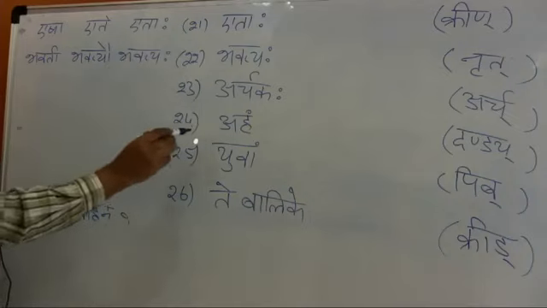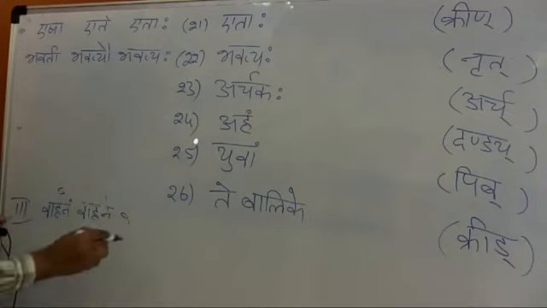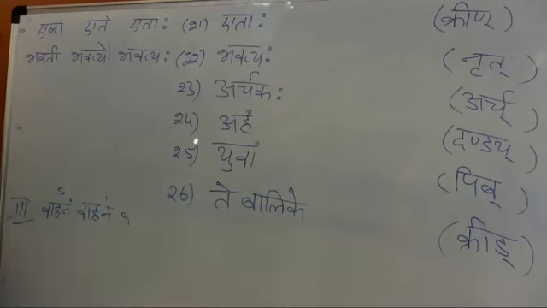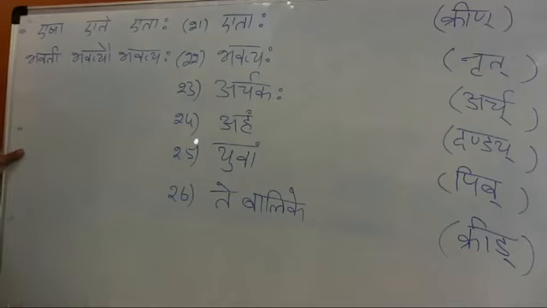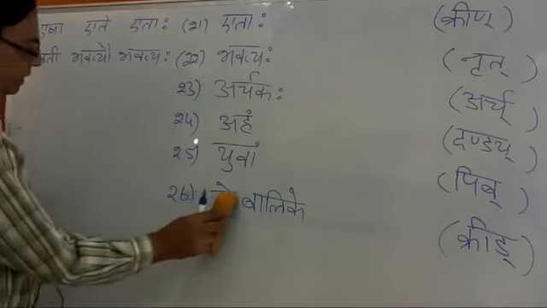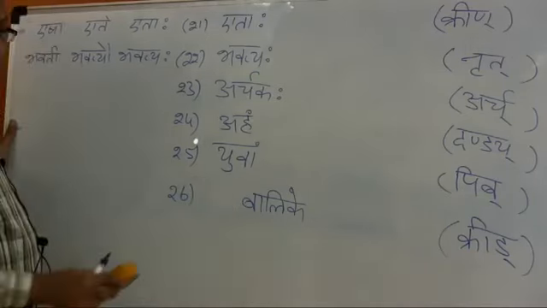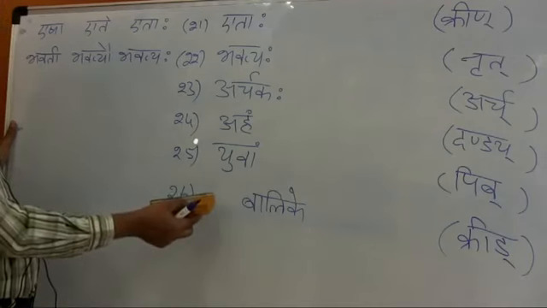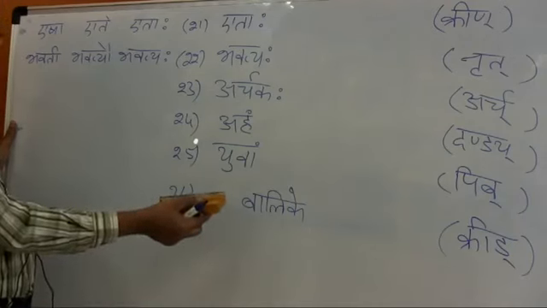Archakaha, no problem, singular. Aham, I. Yuvam, you both. Balike: we discussed just now, when nothing else is given, balike alone could be sambodhana, the vocative case, hey balike, oh girl.